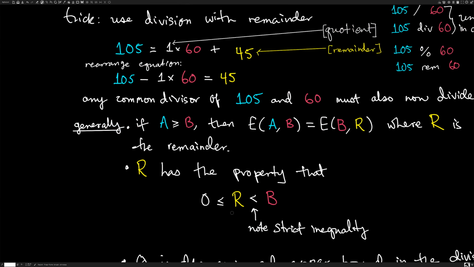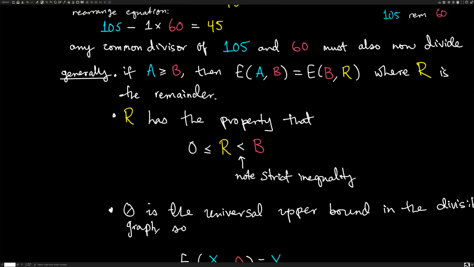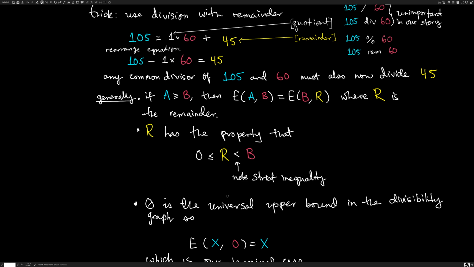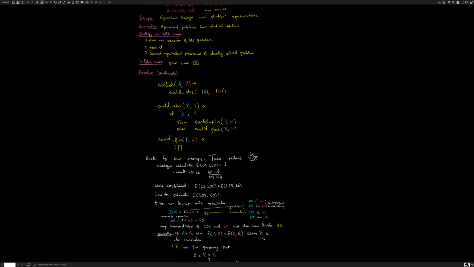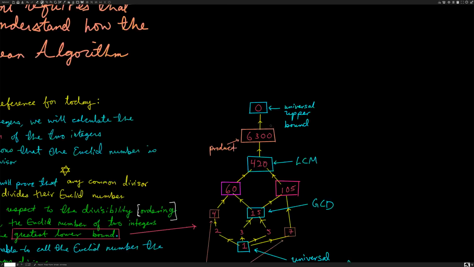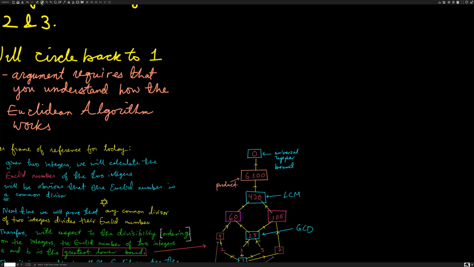This is always going to keep giving us a sequence of smaller and smaller numbers until we eventually get R equal to 0. This is just recursion. This is how recursion works. So if we go back up to our graph and keep doing this, E of 60 and 105, we're eventually going to get to E of 15 and 0, in which case the answer is 15.